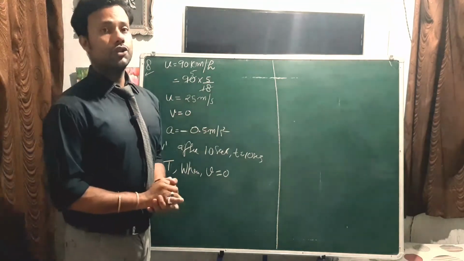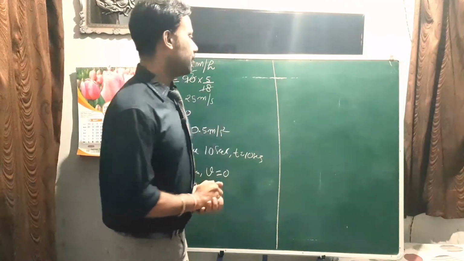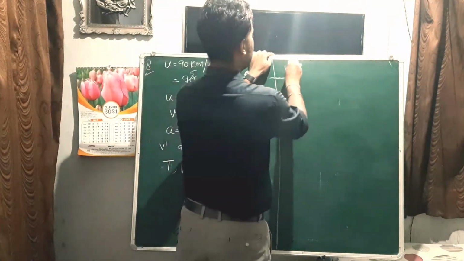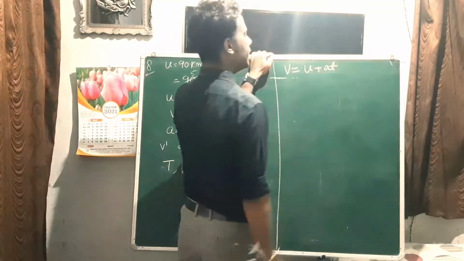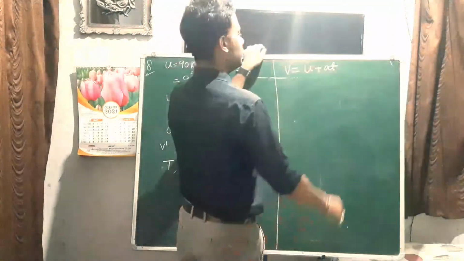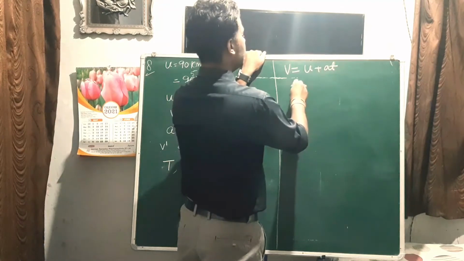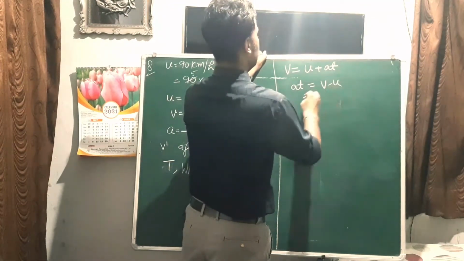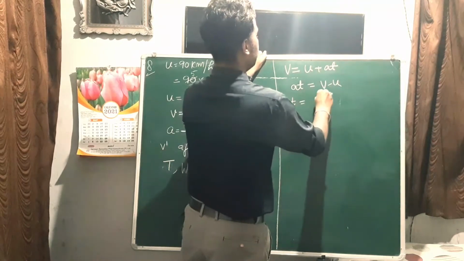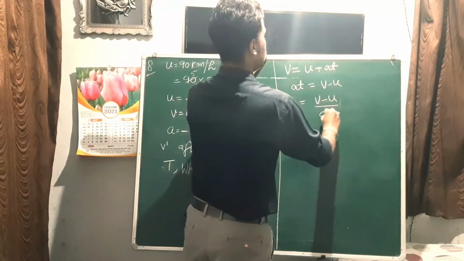From the very first equation we can find out the value of time, right? We know that v equals u plus at. So we have to calculate the time, so at equals v minus u, or t will be v minus u upon a.